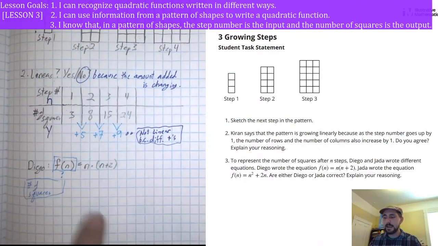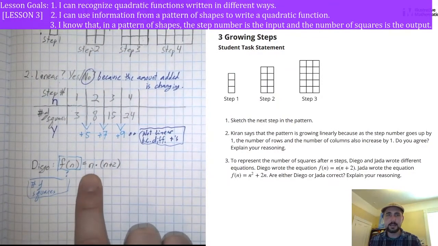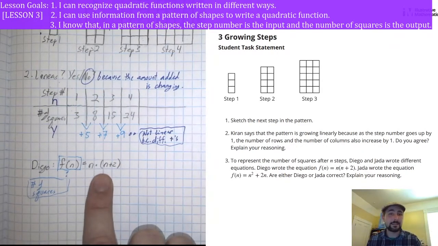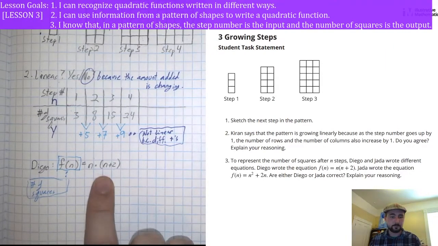So when Diego is describing n times n plus 2, he's thinking about sides of a rectangle. Well, I'm not in Diego's head, so I don't know. But when I see this, Diego's equation is making me think about sides of a rectangle.